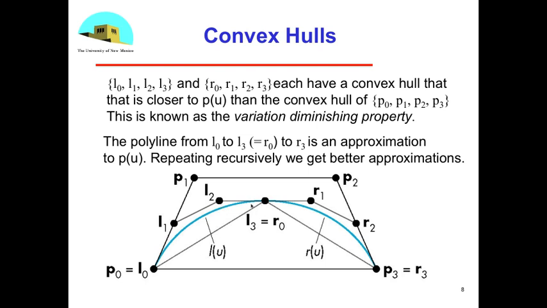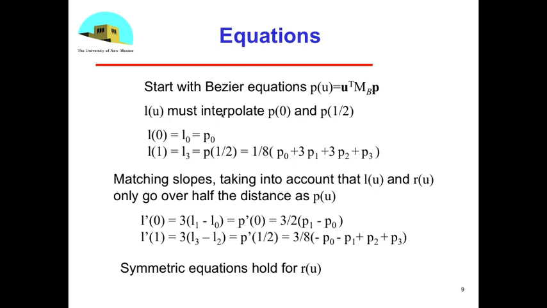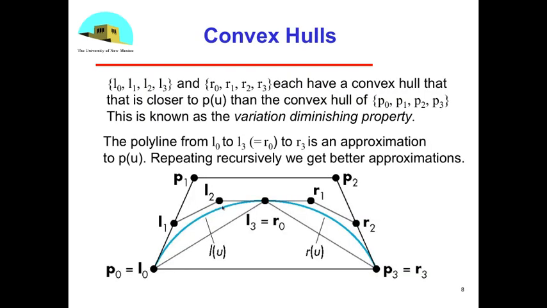I won't go through the whole derivation, but it's in the textbook. Let me just give you the equations. The equations turn out to be this because you use the fact that you have to match the slope, and on the left side, when you match these slopes, you're only going halfway up in u space, because you've changed from going over the whole range 0 to 1 to going over a half range.